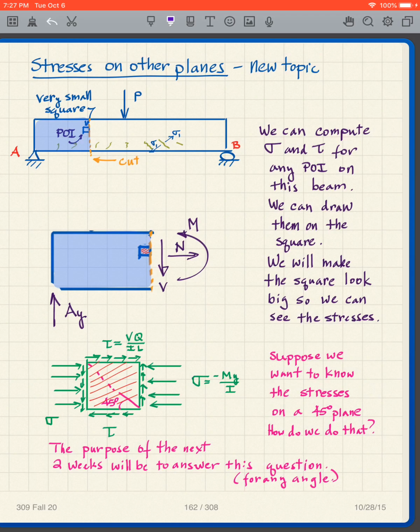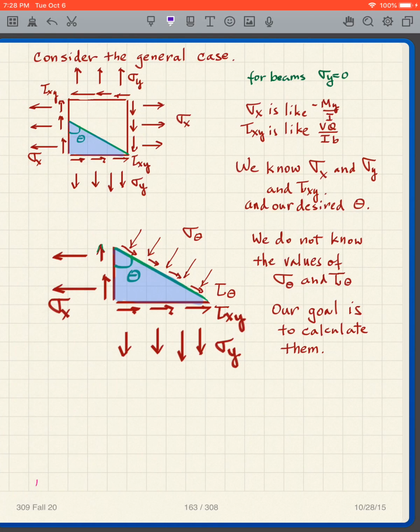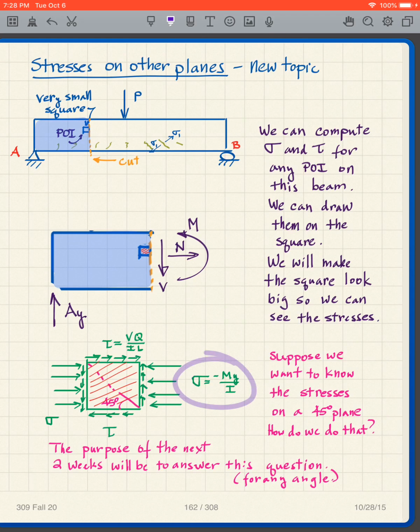The technique that we're going to develop will be, for instance, we're also going to look at pipes, and pressurized spheres and tanks, an airplane wing, or whatever, columns and structures of all sorts that we can analyze. If I'm analyzing a pipe, I don't get sigma is equal to minus My over I. I get a different equation. I don't get tau is equal to VQ over IB. I get a different equation.